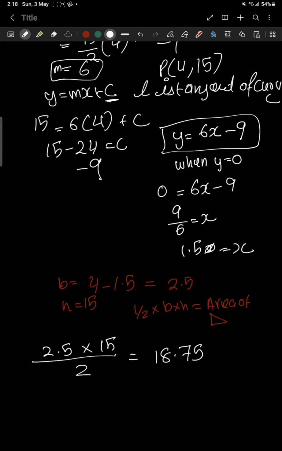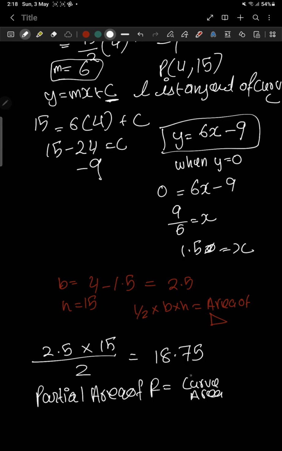Good. Now we can find the partial area of R. We take the area under the curve minus the area of the triangle.